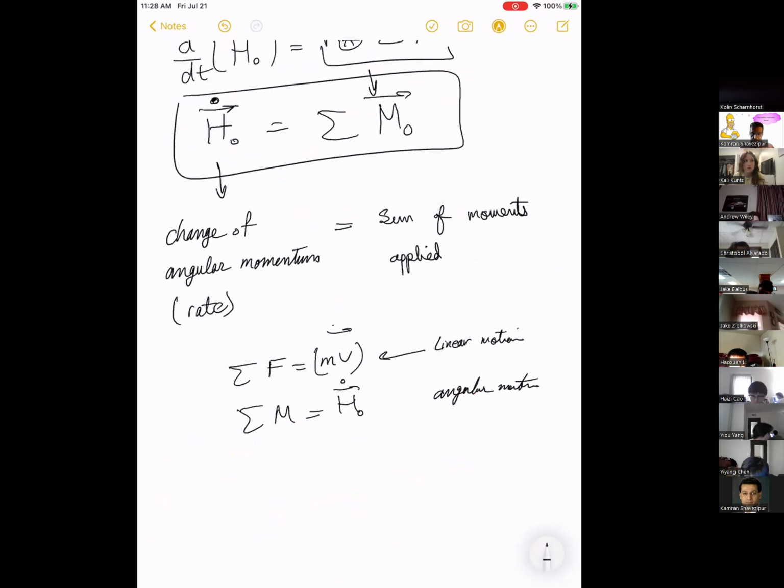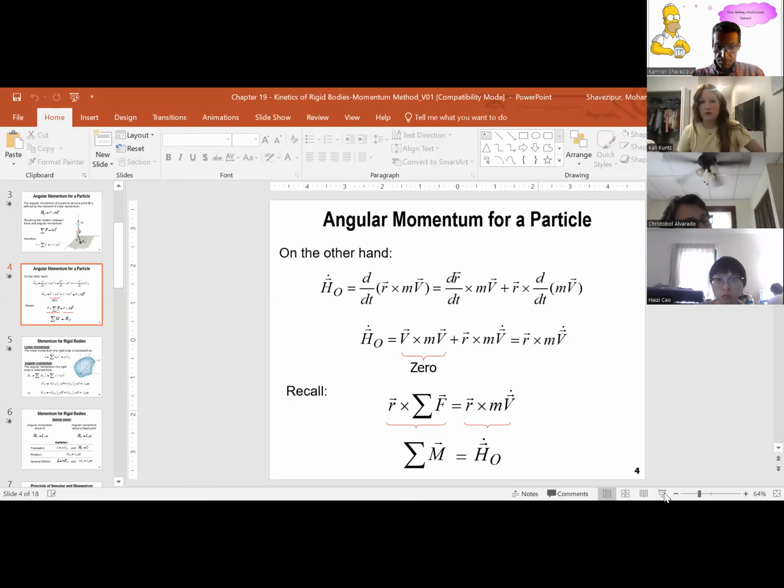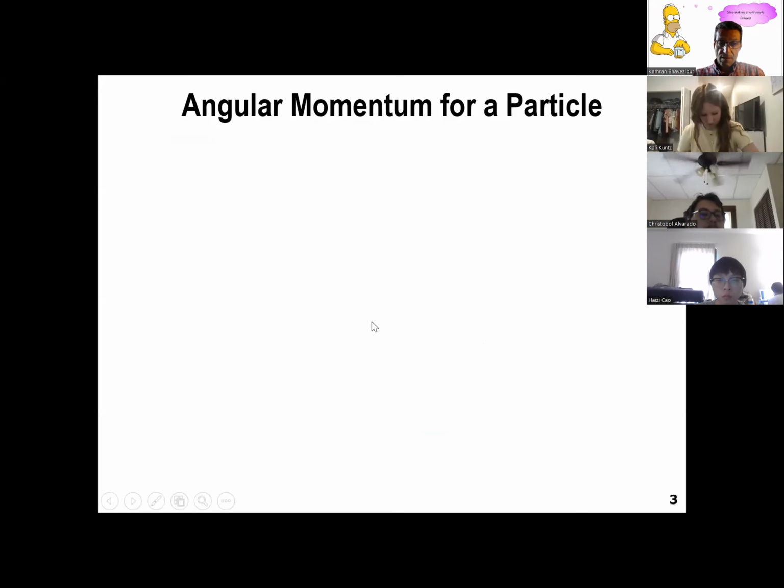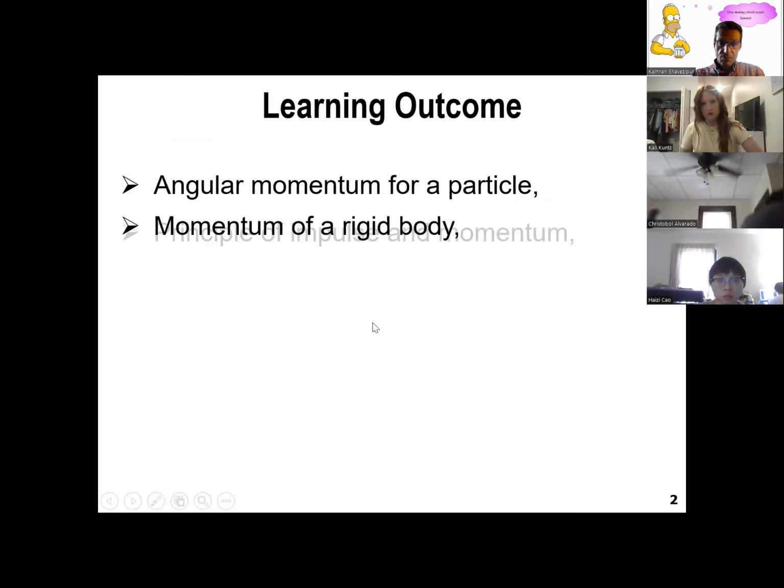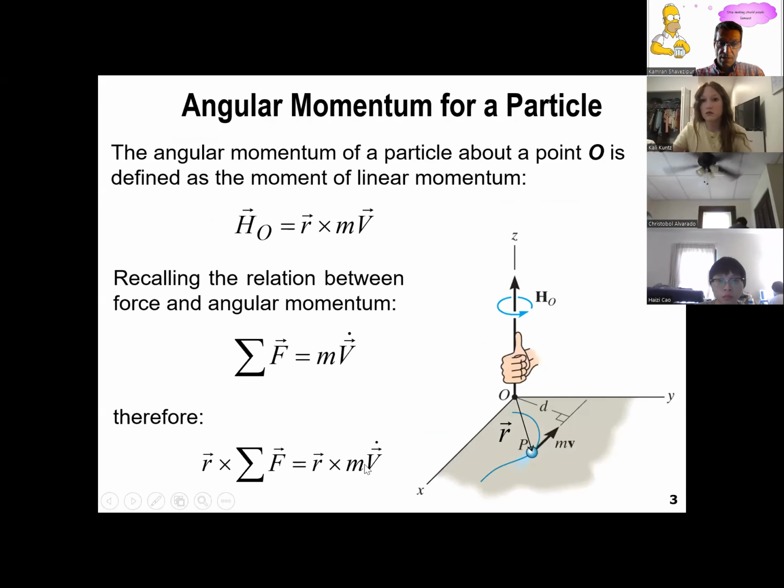Now, this was a little messed up. I'm going to go back to the slide and show you the clean version of it. If you printed the slides, you can just write it down. So, we came up to here. r cross F is r cross m v dot.